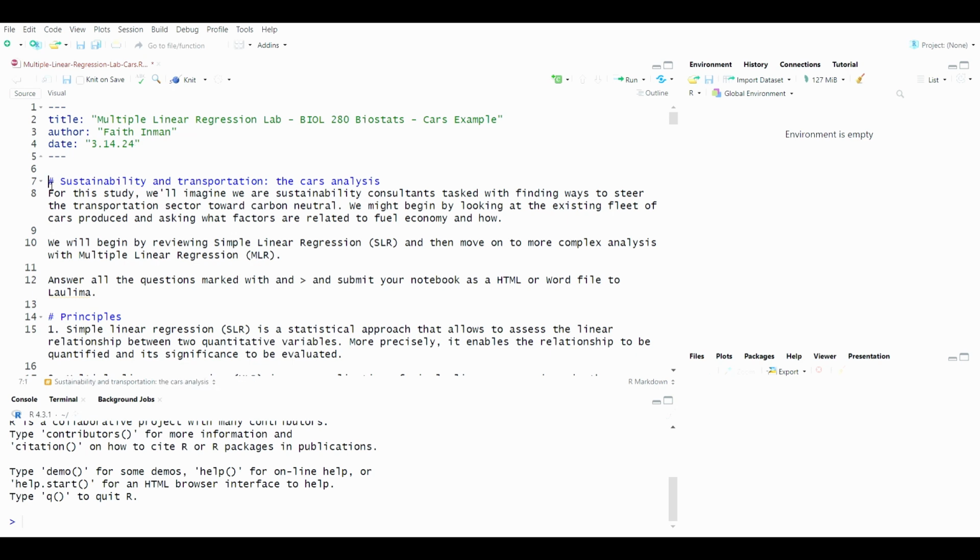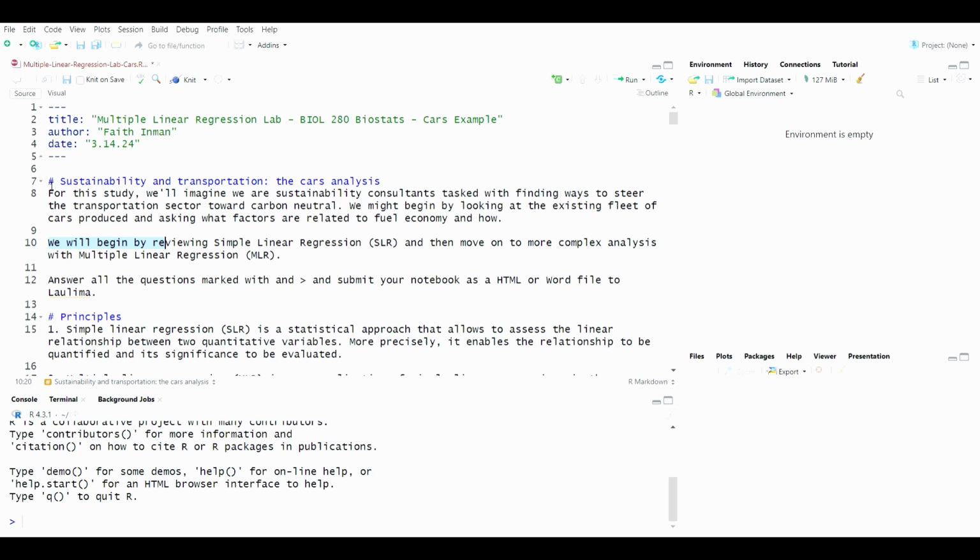For this lab, we're going to talk about sustainability and transportation using the CARS analysis. For this study, we'll imagine we are sustainability consultants tasked with finding ways to steer the transportation sector towards carbon neutral. We might begin by looking at the existing fleet of cars produced and asking what factors are related to fuel economy and how.